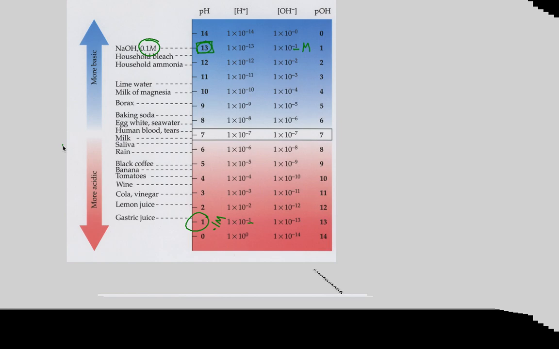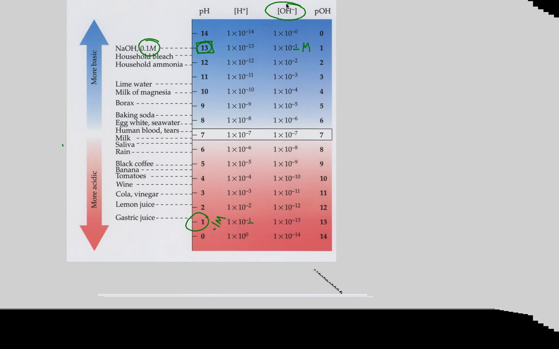This is where the teeter-totter comes into play. Because guys, if the molarity of hydroxide is 10 to the negative first, remember that the concentration of hydrogen ion has to have a proportional decrease so that Kw doesn't change.